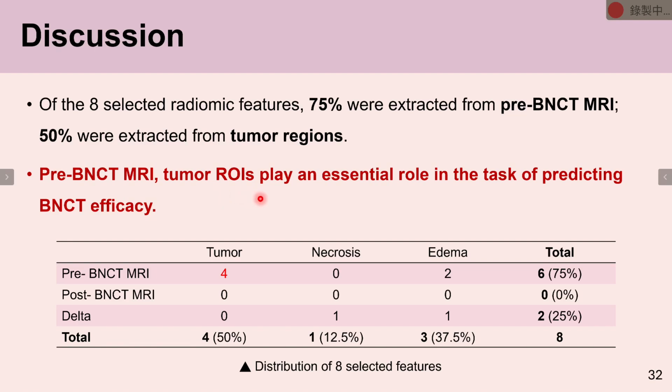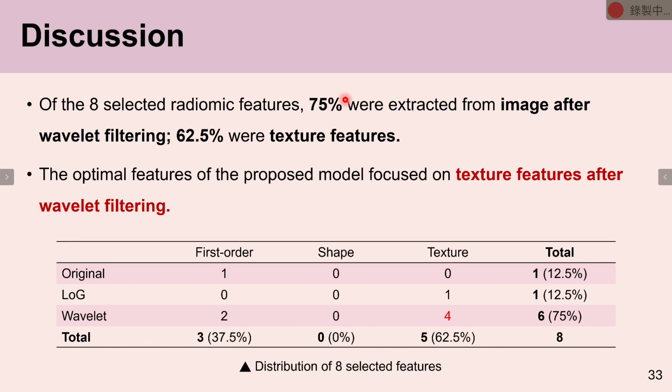And if we analyze it according to their feature type and image type, we can see 75% were extracted from images after wavelet filtering, and 62.5% were texture features.